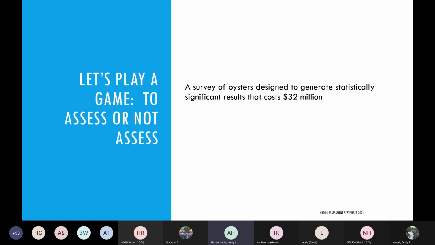And so you'd want to figure out, is that a reasonable cost? Statistically significant results are really helpful in NRDA cases. That's something our goal is to get to. But we also have this mandate that we conduct our assessment at reasonable cost. So this is one you would want to talk a lot about in the specific context of your case, to figure out, is the $32 million reasonable given the details of your case?